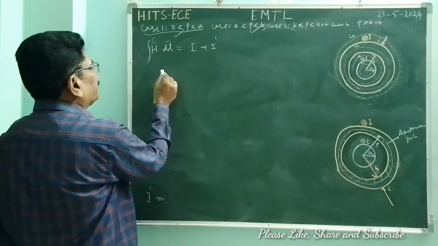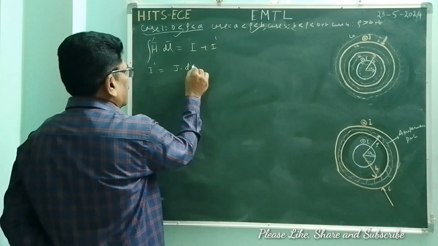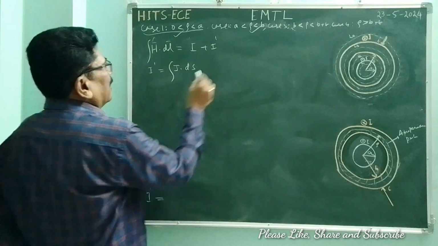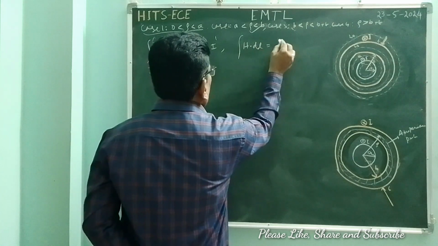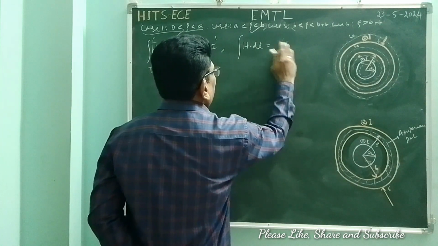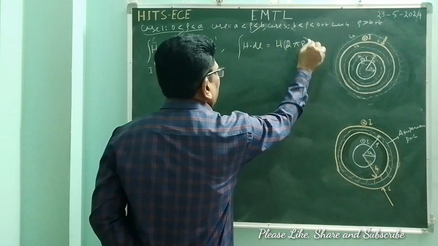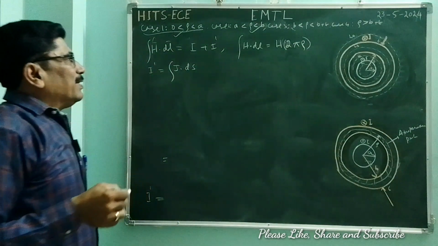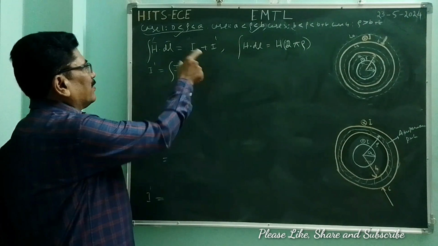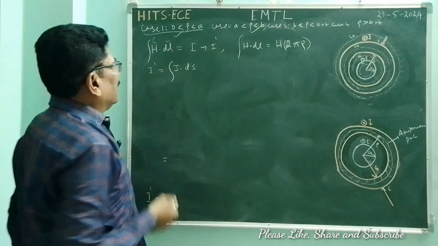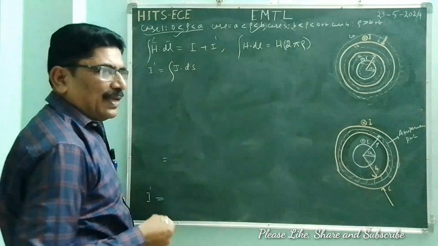I dash is equal to integral J dot ds. I already told you integral H dot dl is equal to H into 2 pi rho. I will not do this derivation again. Need not find out any derivation for I. Let us find I dash now, and then add I and I dash.